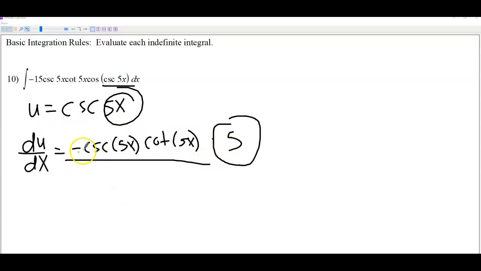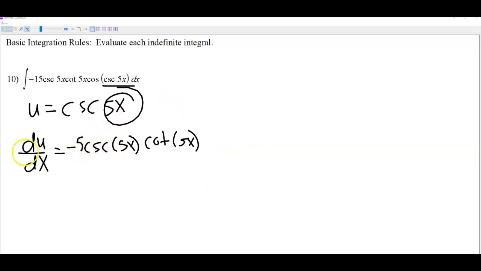So I will just squish that in there now, also saving myself some space. So we have the derivative of the outside times the derivative of the inside. Next we want to get dx by itself, so that entire thing is going to go underneath the du.